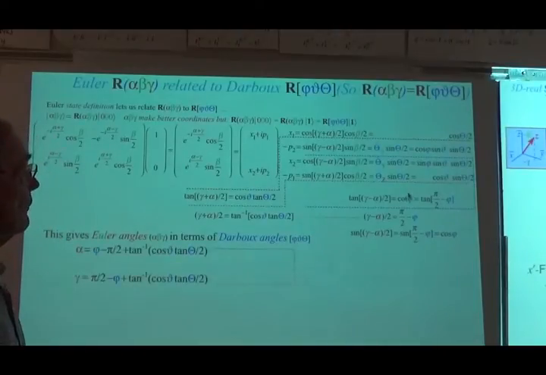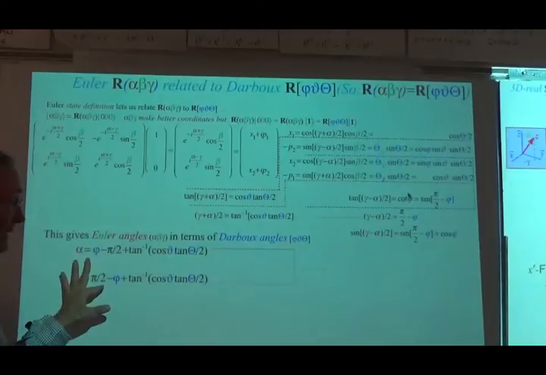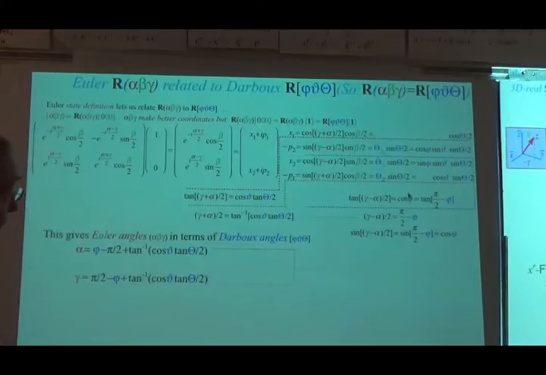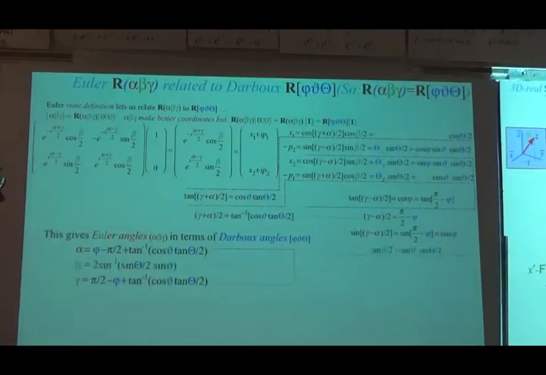Now, putting those all together lets me separate alpha and gamma. So this is the actual equation for alpha and gamma in terms of all three of the Darboux angles. And again, atan2 should be set up there. I'm not showing how to do that right here, but if you look at the spin vector where it is, you can make it a quadrant.